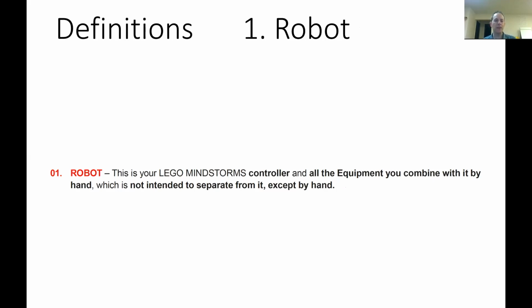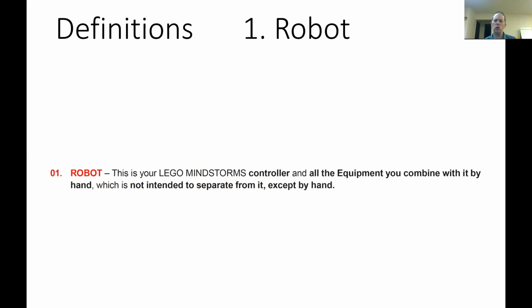So if something snaps off accidentally, where one of the pins breaks open or something, and that wasn't intended, then that thing that came off is still considered to be part of the robot. On the other hand, if you have an attachment that just slides on and the robot pushes it out and then backs up and it drops off of the robot, that's considered equipment.